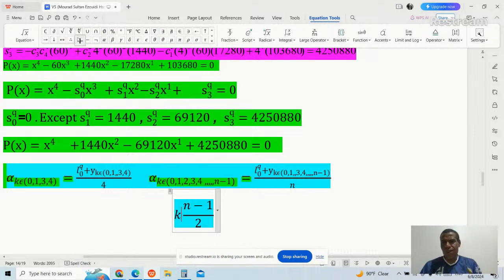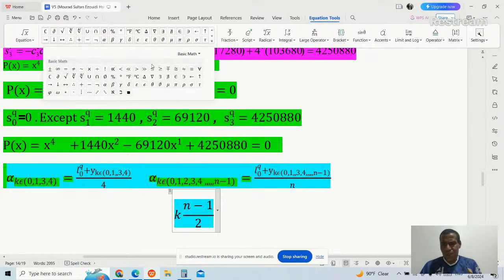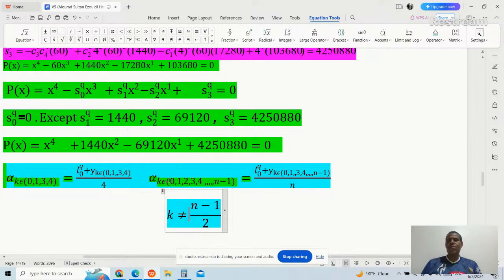Here, k has to be different to n minus 1 divided by 2. That's why if the power is 5, 5 minus 1 is 4, divided by 2, so he excluded the 2 here.